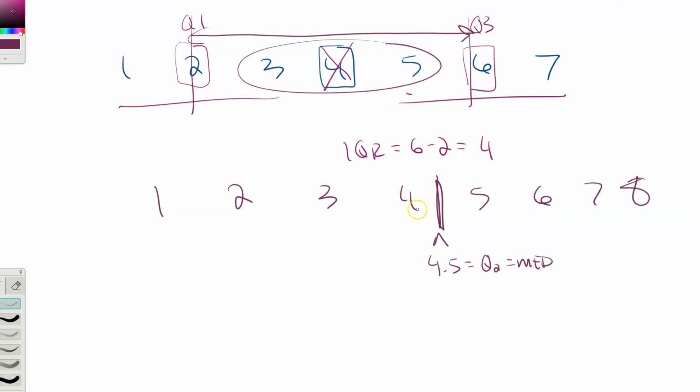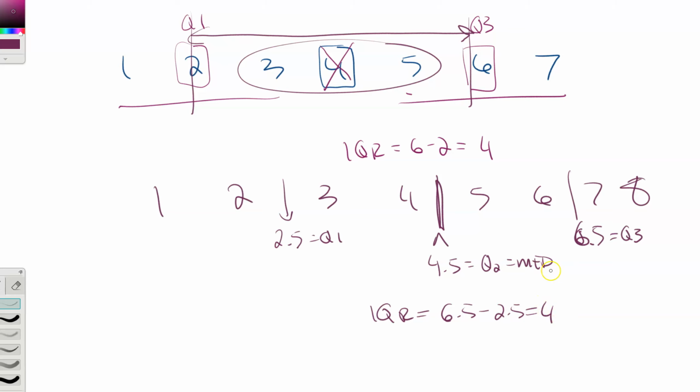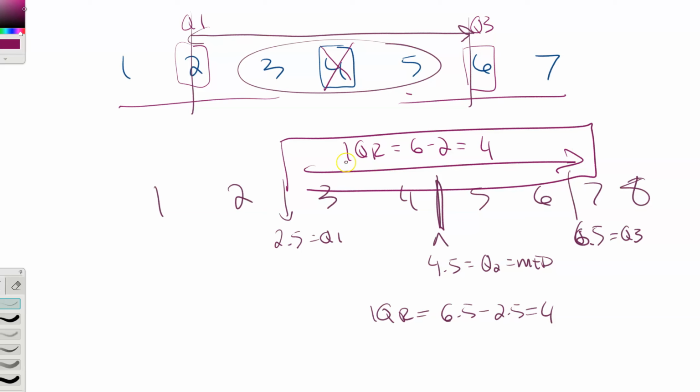And that separates the data set into 2 chunks, so the median of the bottom half would be 2.5, that's Q1, and the median of the top half would be 6.5, which is Q3. And then the IQR would be 6.5 minus 2.5, which is 4. And again, it is a measure of the width of the interval that captures the middle half of your data set. That's IQR.